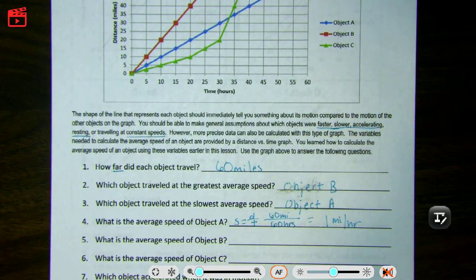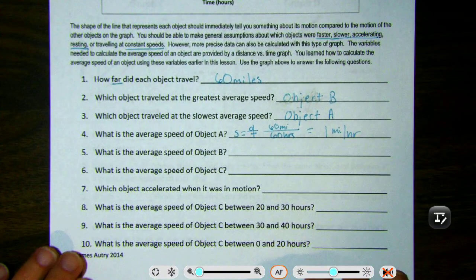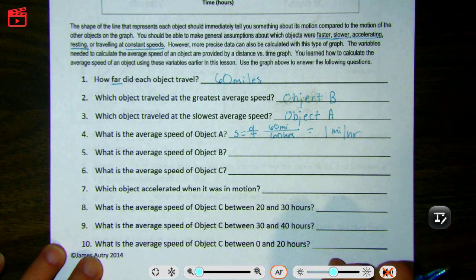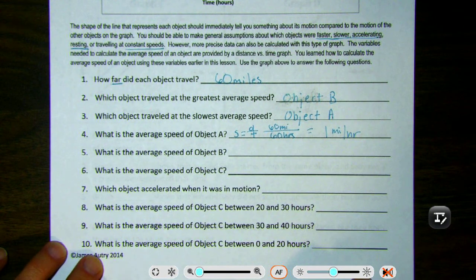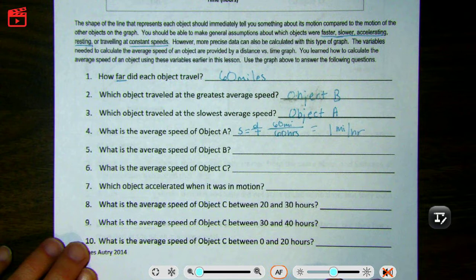All right, so we're going to skip down and do number 7. Look at number 7. Because these, we're going to solve those the exact same way. Speed equals distance over time. And you write your units, and you'll leave your units there. Easy peasy, right? So number 7, which object accelerated when it was in motion?